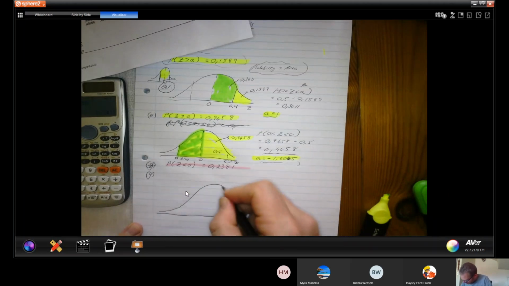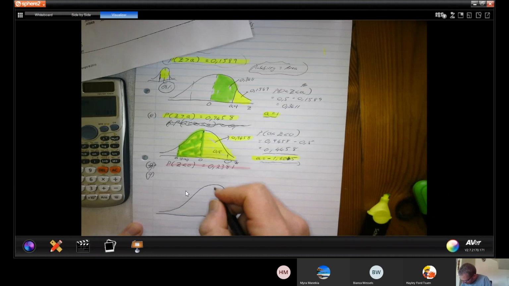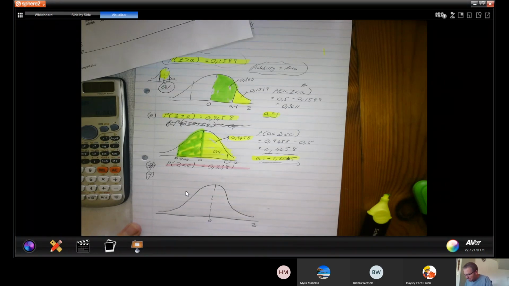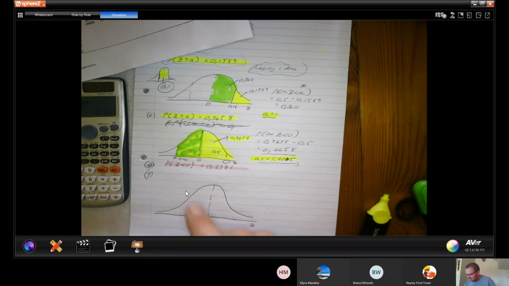We're not worried about X scores. At the mean, the Z score is 0. So if the area to the left is 0.2381, is this value of A, the Z score of A, Bianca, going to be to the left of the mean or to the right of the mean, do you think?